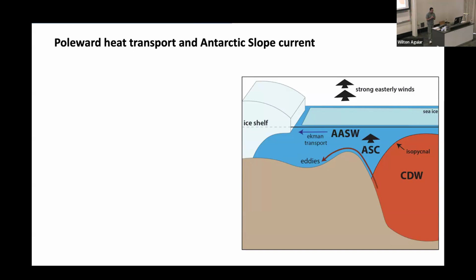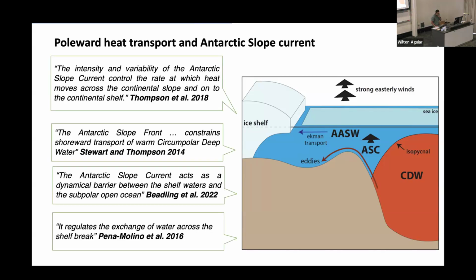And right on the top of this isopycnal slope, and also as a response to this slope, we have the Antarctic Slope Current, which is geostrophically responding to the gradient of densities between the shelf and offshore, right? Because of that, people think that as this isopycnal slope changes, you will also change the flow of circumpolar deep water to the shelf. And this has been highlighted in several studies before. I can pick up one of them, for example, that says the Antarctic Slope Current acts as a dynamical barrier between the shelf waters and the subpolar open ocean.